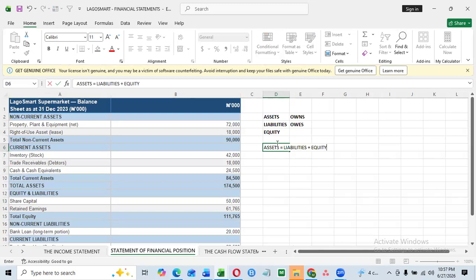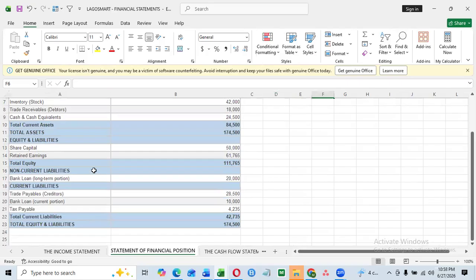Always. This is a golden rule. Always. Assets must be equal to liabilities plus equity. Now, I want you to look at total assets. Our total asset is 174.5 million.